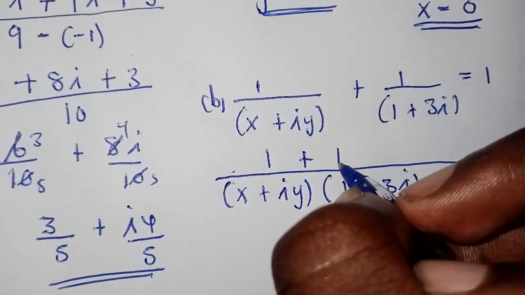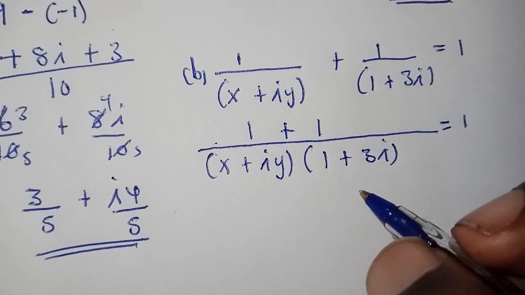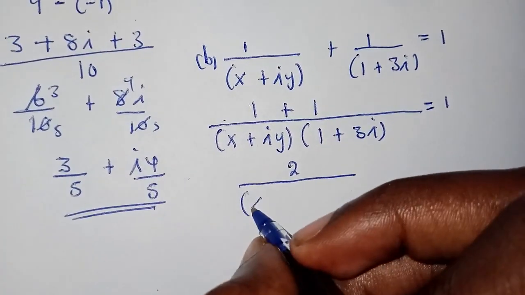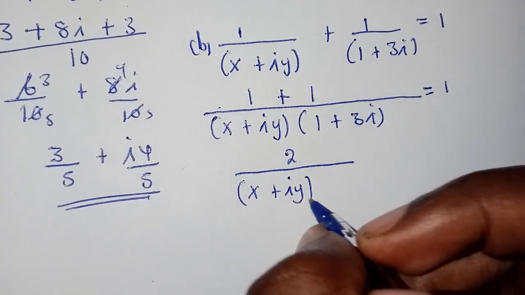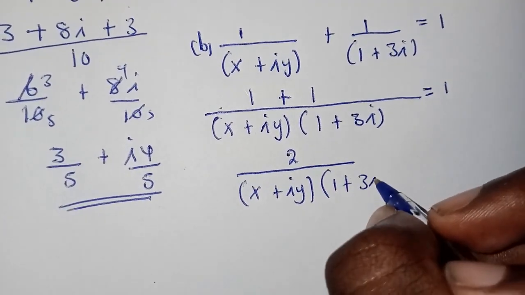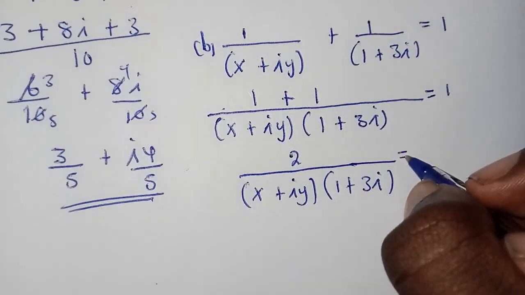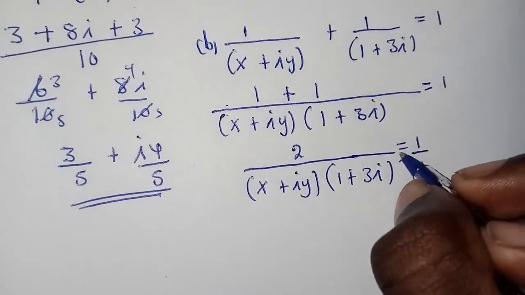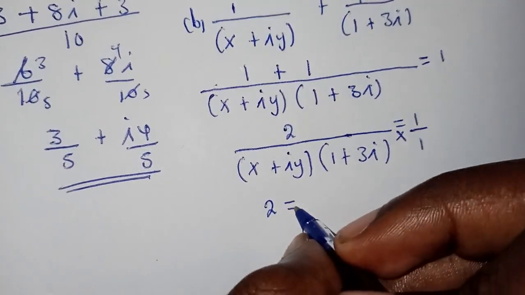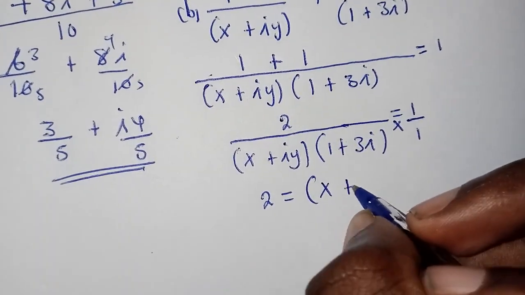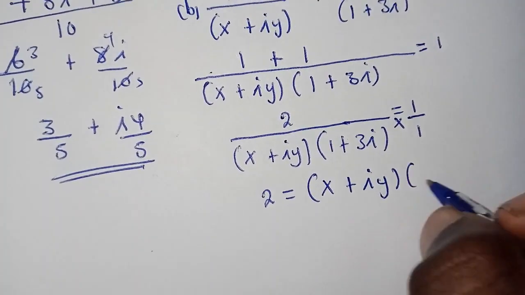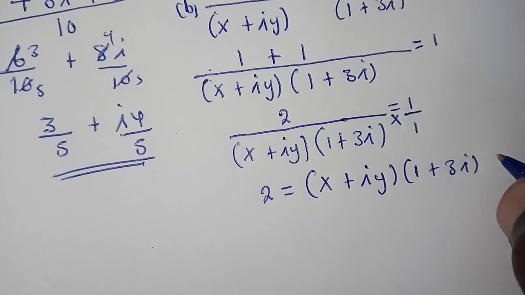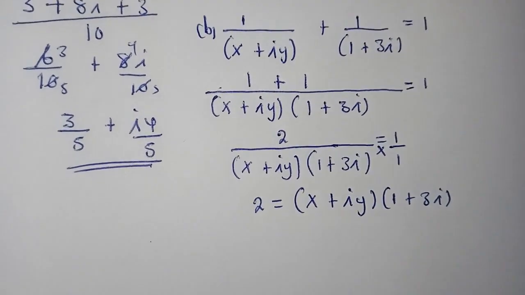Of course we have 1 plus 1 equal to 1 over the product, so we have 2 over (x + iy)(1 + 3i) equal to 1. If you cross multiply, we have 2 equal to (x + iy)(1 + 3i).